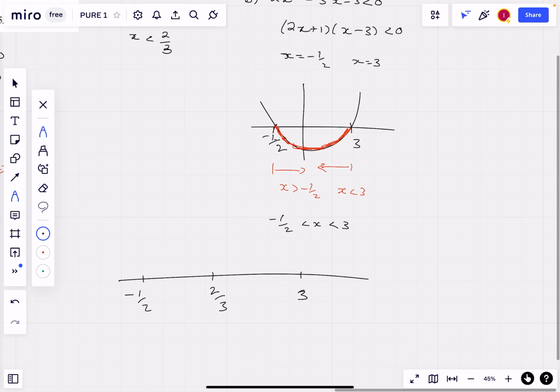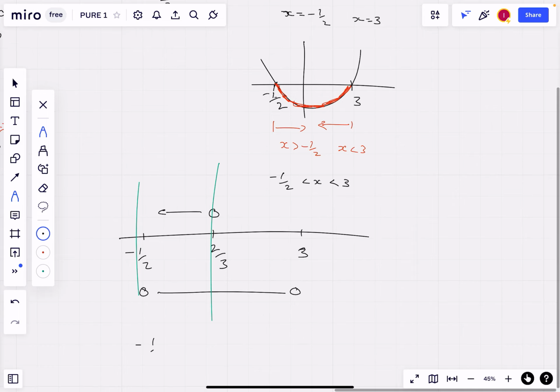So we're going from 2/3 and below, and between minus a half and 3. We're going to look at the overlap, which is there and there. It's between the two: minus a half less than x, less than 2/3. That's the inequality which satisfies both of them. And there you go. That is how you do quadratic inequalities.